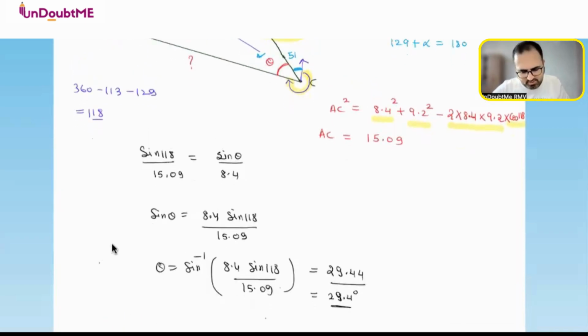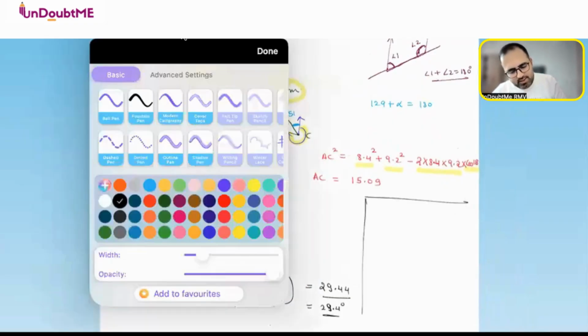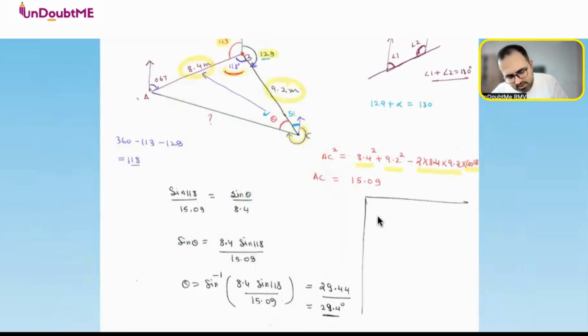You can just see this. We need to get that shaded angle, which was the bearing. That can be written finally as 360 minus 51 minus 29.4.